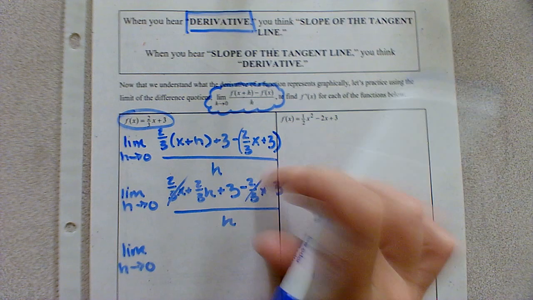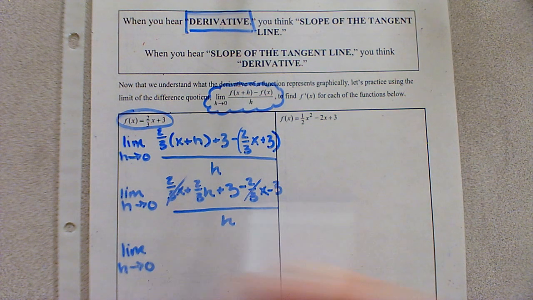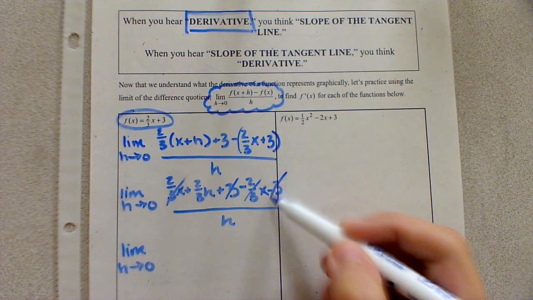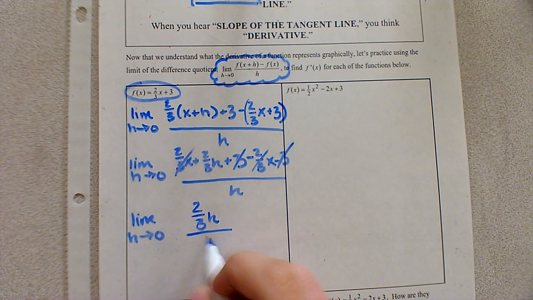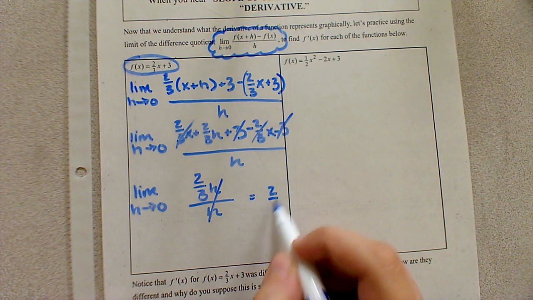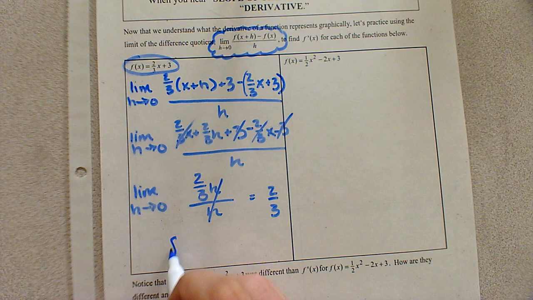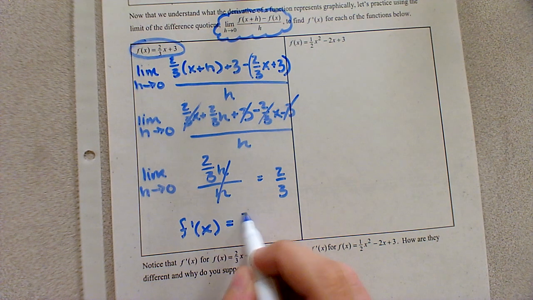And then this should be a minus 3 because we want a minus 3 and a positive 3 to cancel out as well. So it looks like we're just left with 2/3 h over h. And with the h's canceling, we're just left with 2/3. So we can label our derivative f prime of x equal to 2/3.